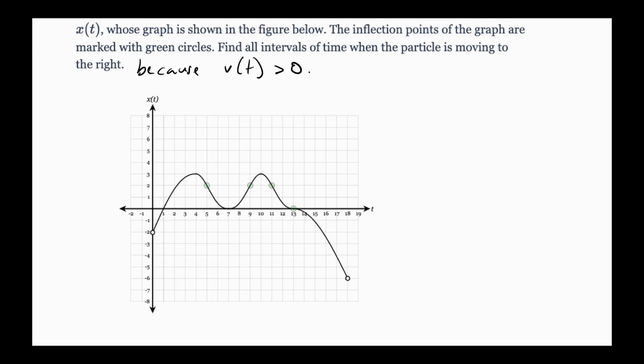So I'm going to highlight, circle, underline, shade where it's increasing, and that's it. All right, so my intervals are from 0 to 4.